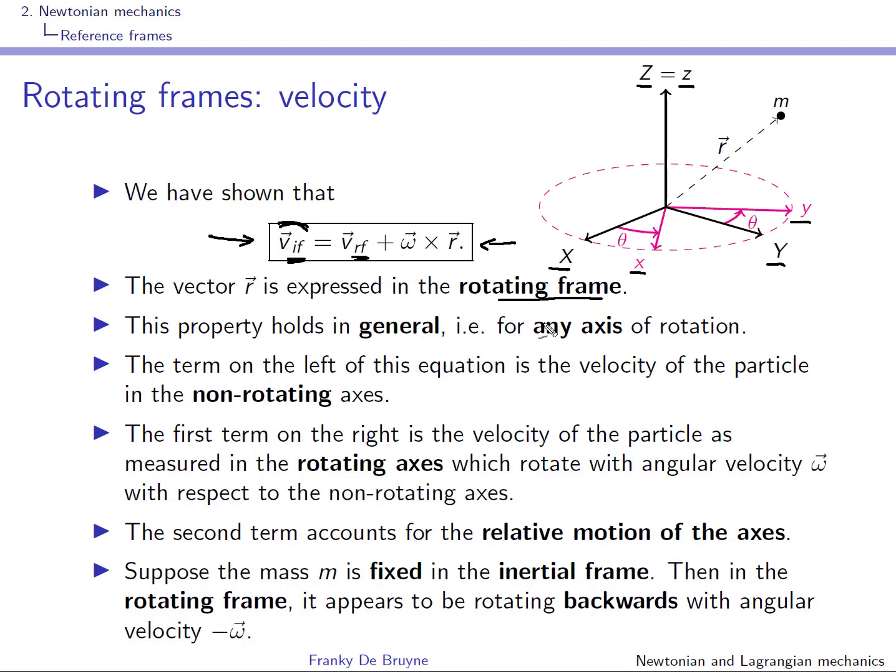On the right side you have two terms. The first term is the velocity vector expressed in the rotating frame, and remember that this rotating frame is turning with an angular velocity expressed by a vector directed in the z direction, so you have a rotation like this. You have a second term here, and that accounts for the relative motion of the axes.